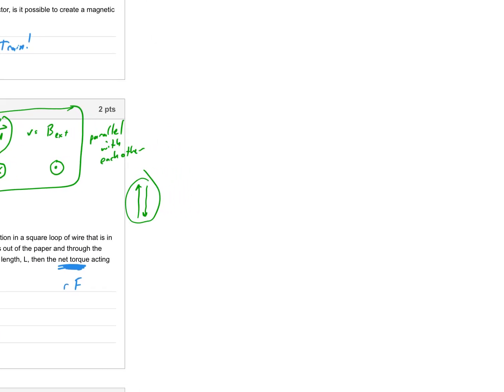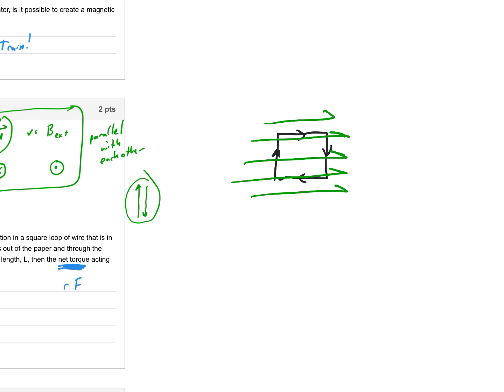Conversely, different situation. If I had the same loop with the same current, and I had the magnetic field pointing across it, not through it, in that case, the magnetic moment of the loop, still being into the page, is perpendicular to the magnetic field pointing to the right.